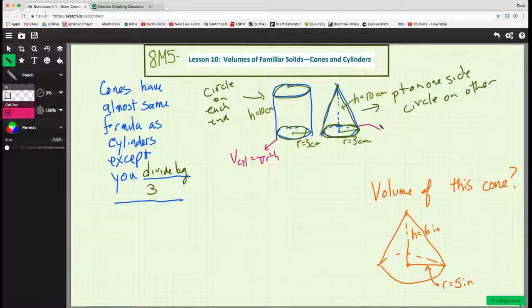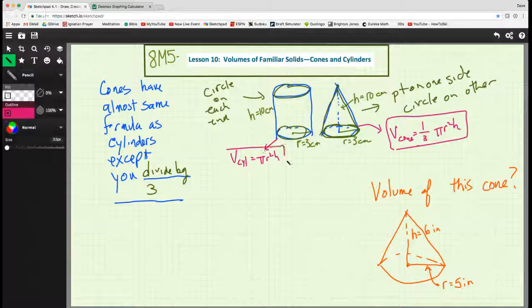Now the volume of a cone is equal to 1/3 pi r squared h. So it's the same, except you have to divide by 3 or multiply by 1/3, same difference. So you calculate your volume the same way as the cylinder, but then you multiply by 1/3, which is like dividing by 3, same thing.